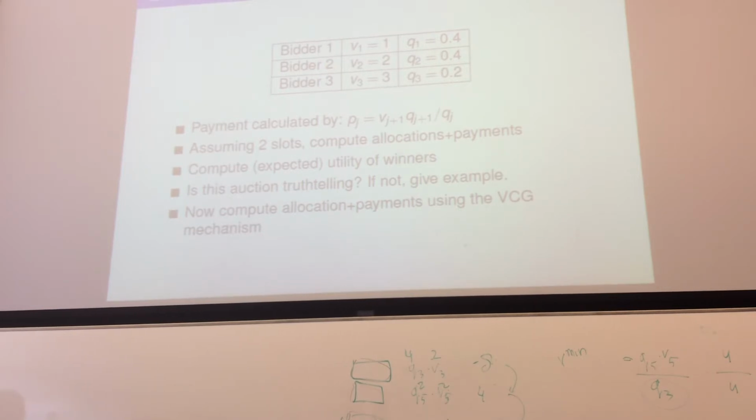So we should have the maximum social welfare, which should be this one, the 3.5.